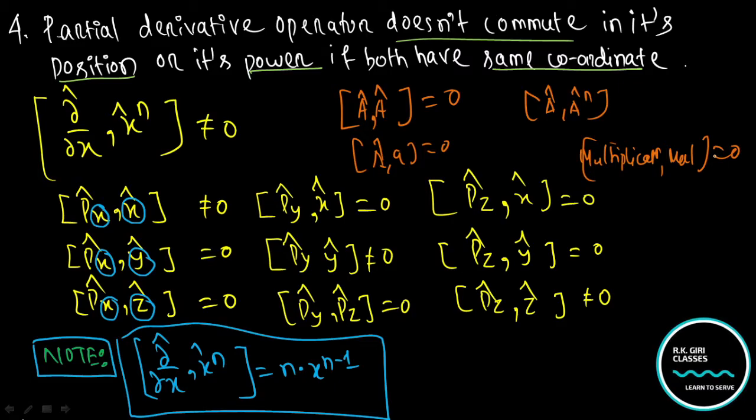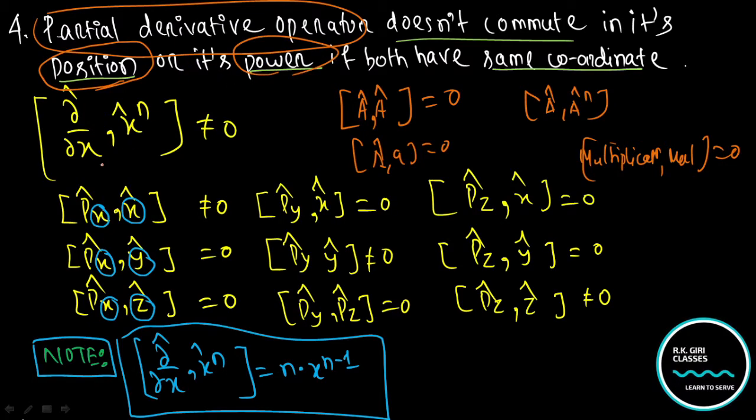Now coming to the fourth point, if you have a partial derivative operator and the same coordinate as the position or its power, then the value will not be 0. That means they will not commute. In the three cases we studied previously they commute, and in this case they will not commute.